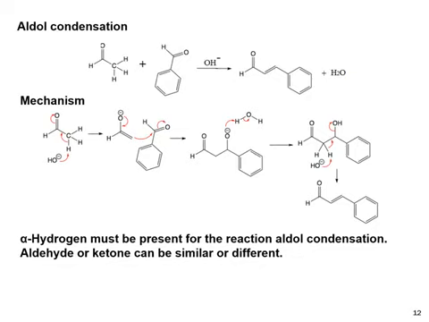This is the mechanism. The base abstracts a proton. This is resonance stabilized as an enolate, and this enolate attacks through resonance on the carbonyl carbon, forming an oxyanion, and this oxyanion takes a proton from a water molecule and gives the hydroxide, and the hydrogen is present at the alpha position.